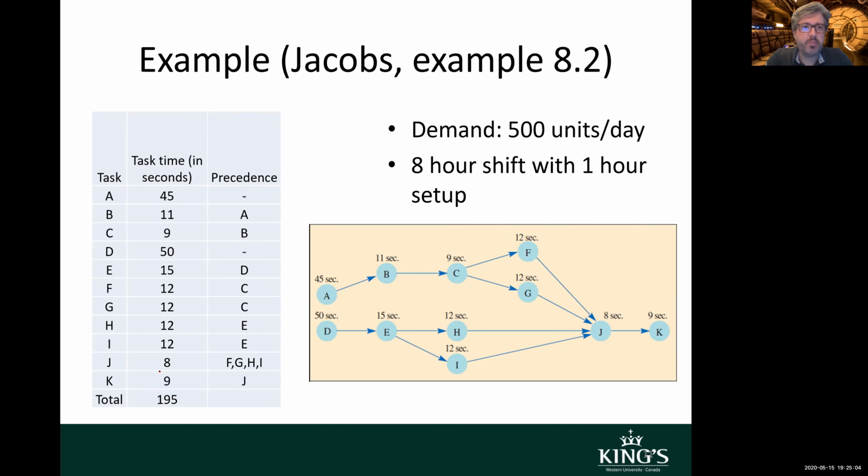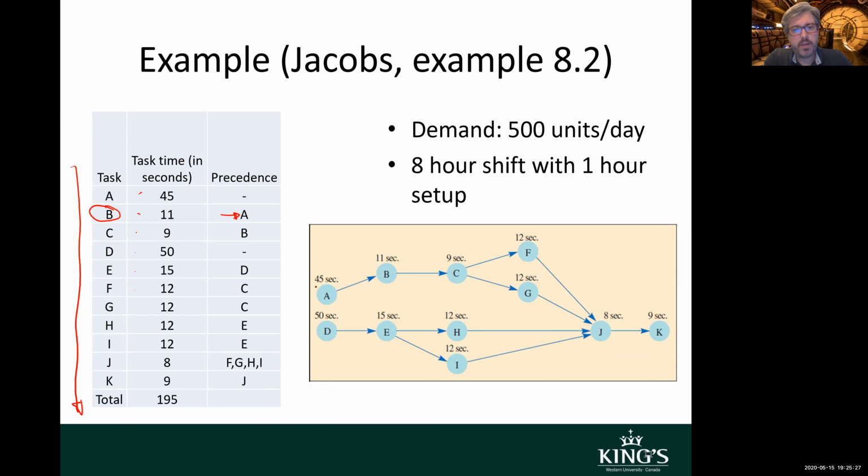This is the example 8.2. I have these number of tasks going from A all the way to K. This is the amount of seconds each one takes. And I know that in order for me to execute task B, I need task A to be executed first. So you can draw this process.